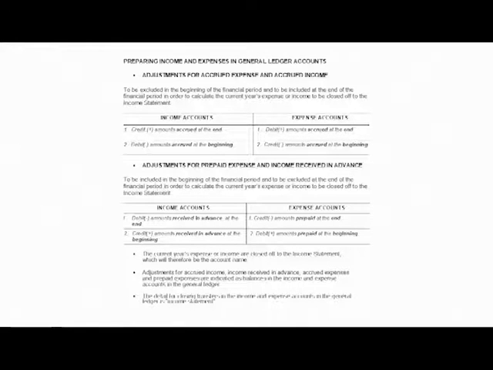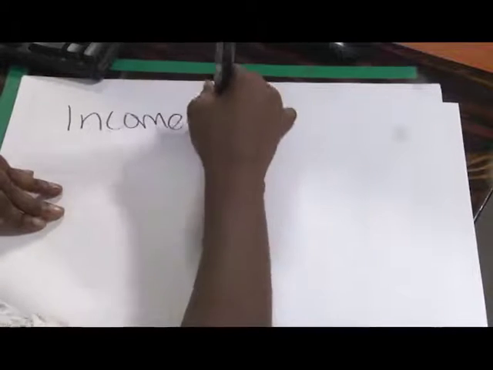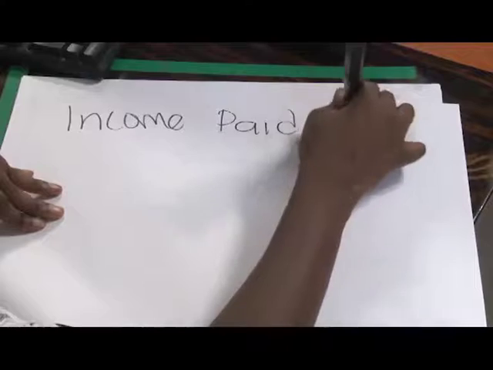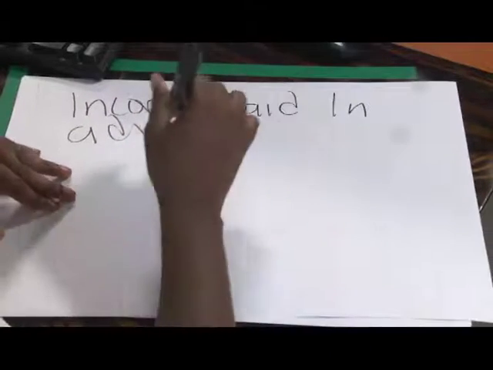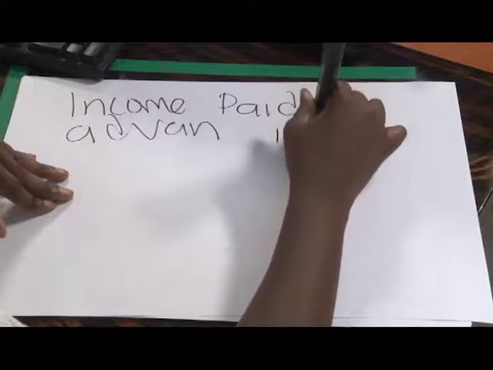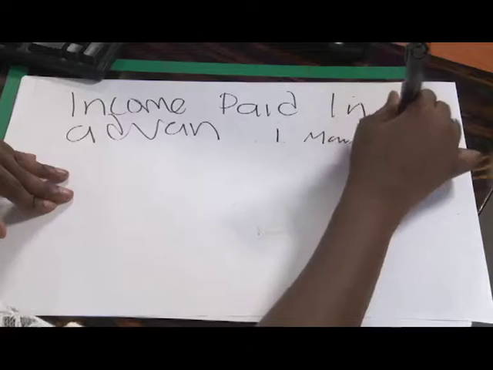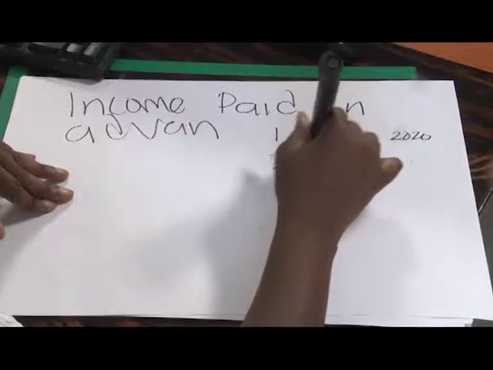Say, for example, income paid in advance. Okay? Then we have the beginning, this is 1st of March 2020, the amount was 250.